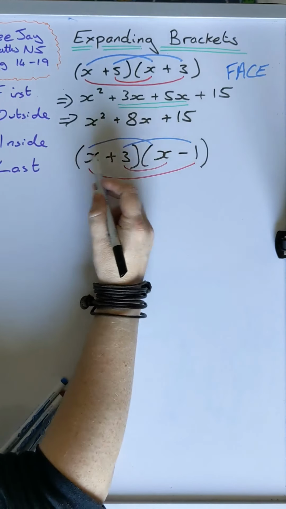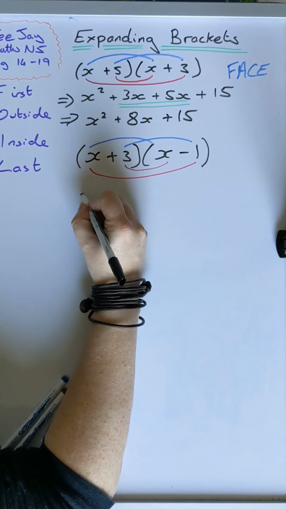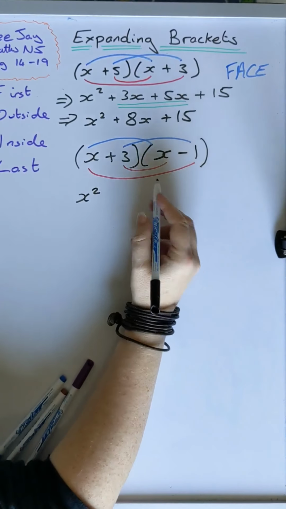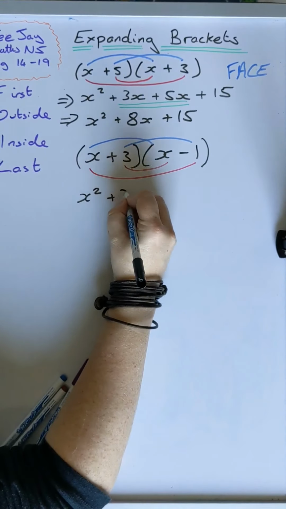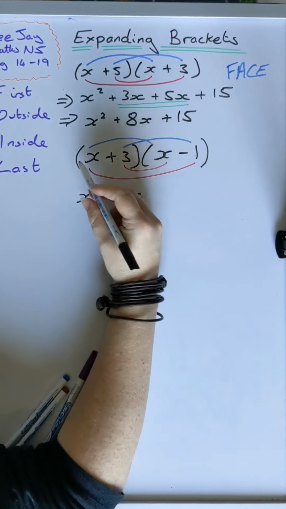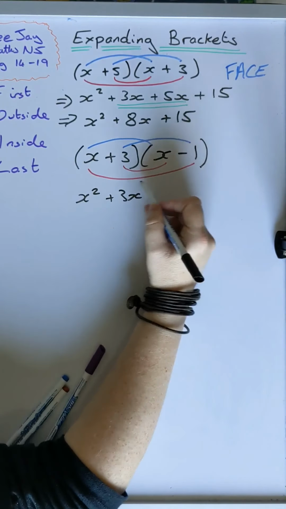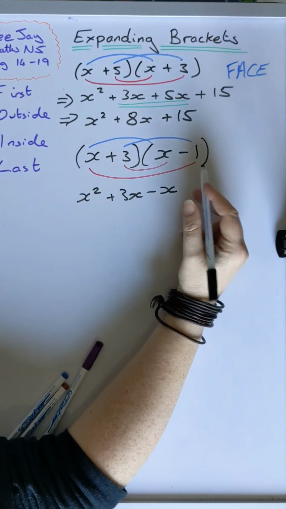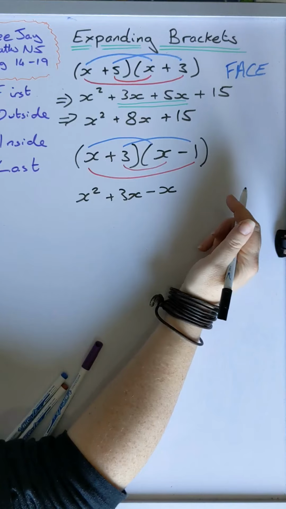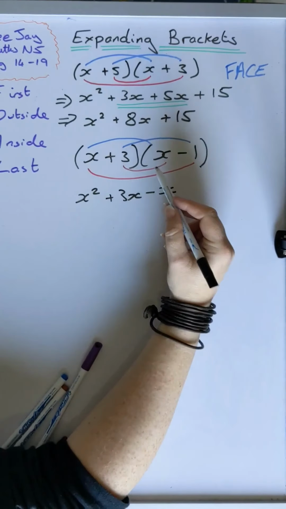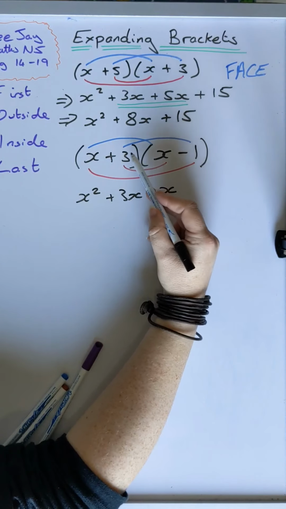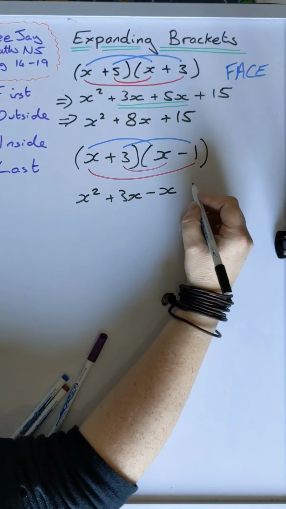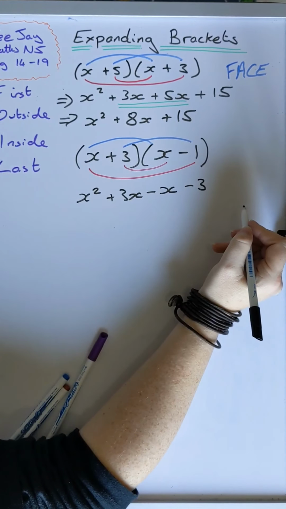So eyebrows, x times x is x squared. Nose, plus 3x. Mouth, minus 1x, which we would write as minus x because we don't write 1 of something. And then finally, our last eyebrow, 3 times minus 1, so that's minus 3.